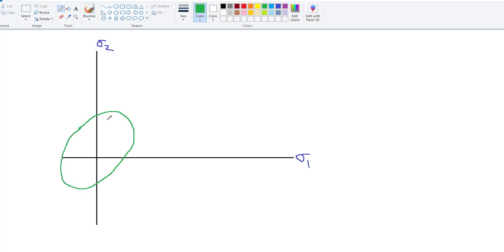So this would be your yield surface, and when you start hardening, or strain hardening, I should say, there are different models that can be used to describe that behavior.